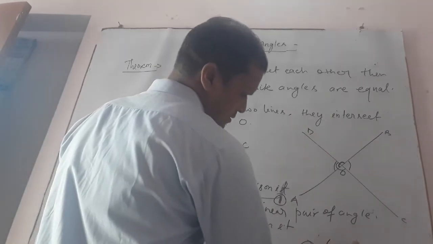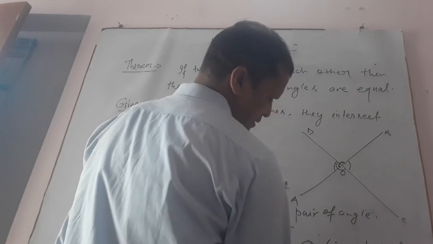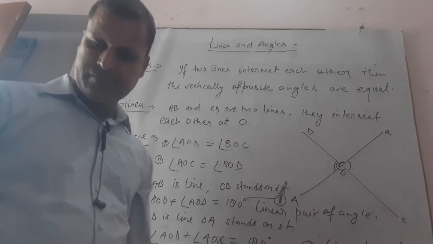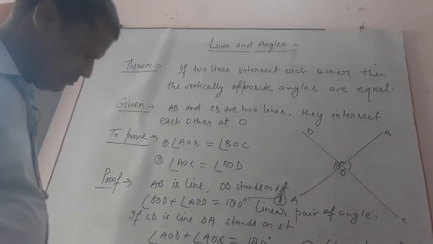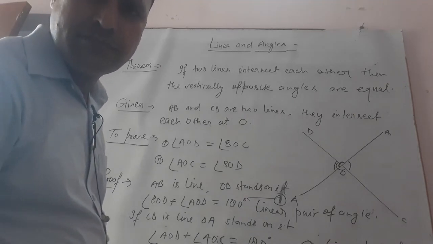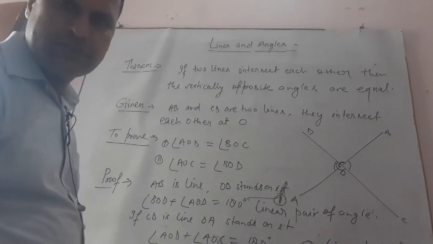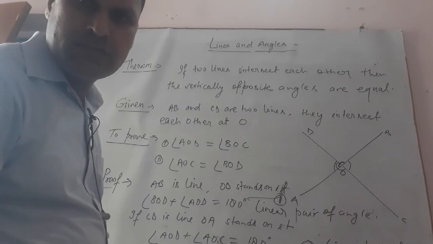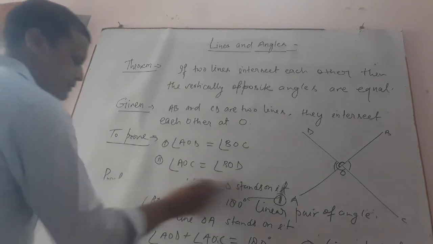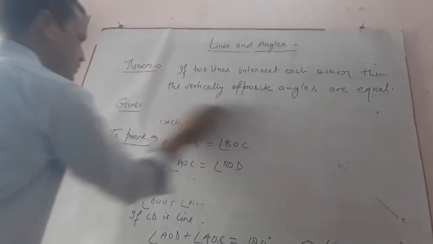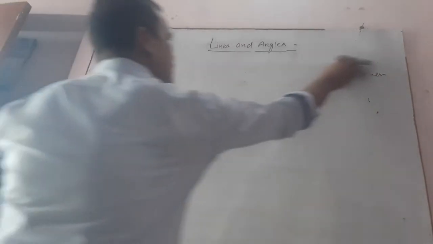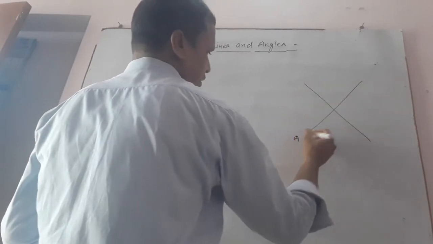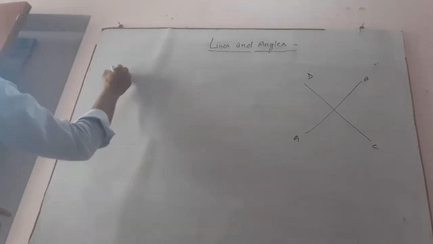Linear pair of angles. This is our figure A, B, C, D, and this is the proof.